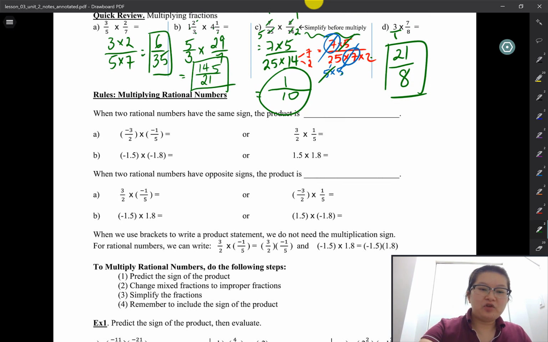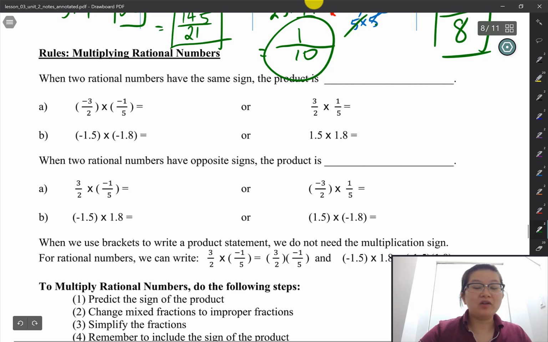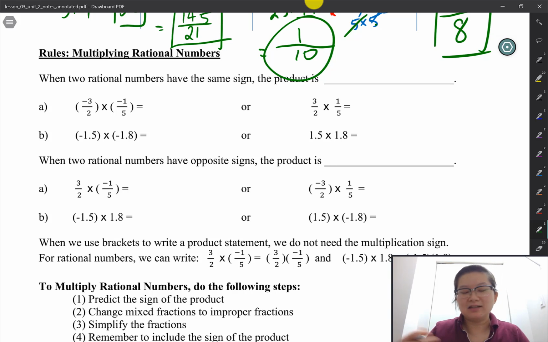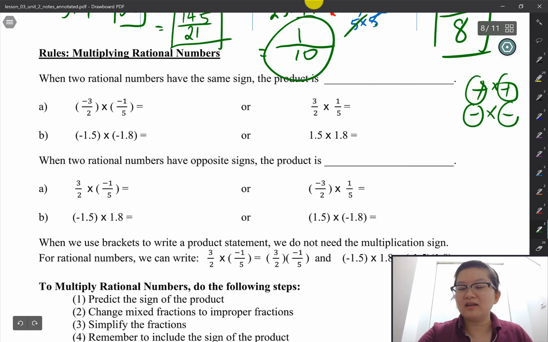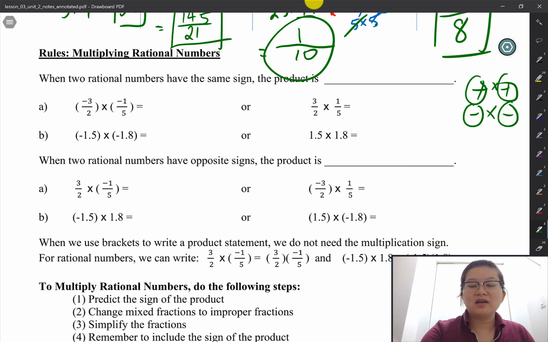Here we just have a few reminders with multiplying rational numbers. It's pretty much exactly the same thing that you dealt with when multiplying integers. So a few rules. If you have two numbers that have the same sign, either positive and positive, or negative versus negative, then after you multiply the two, your product is going to be positive.